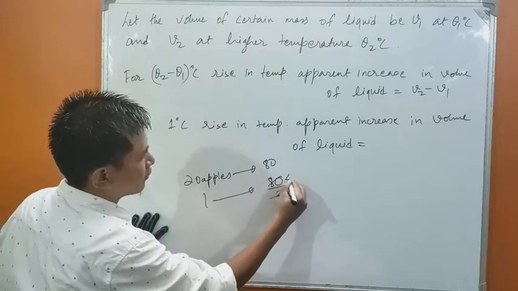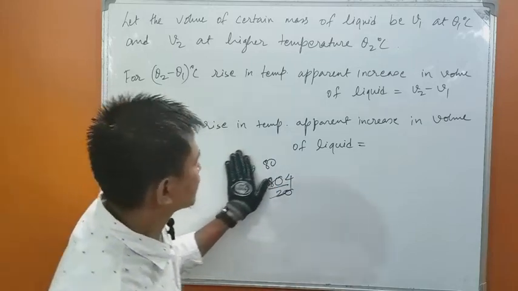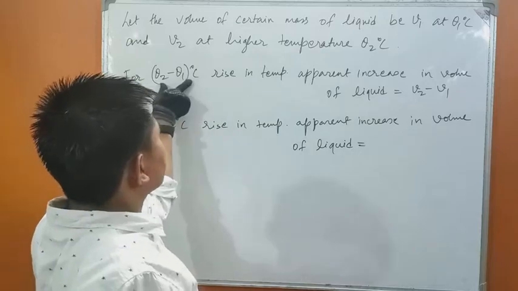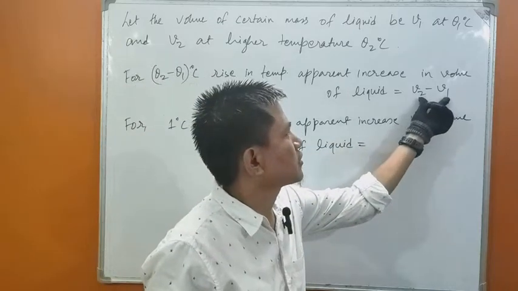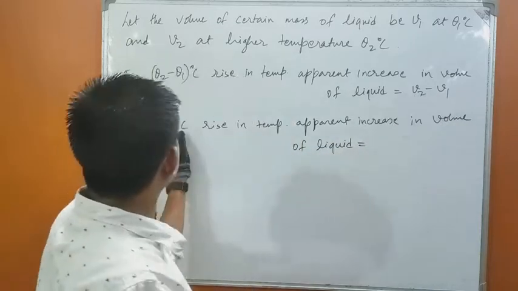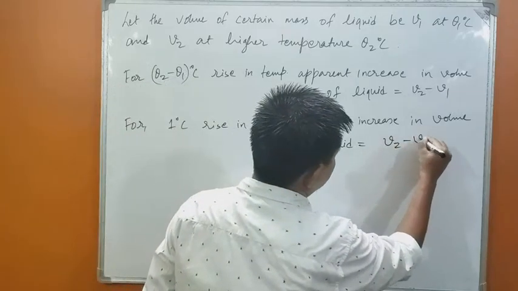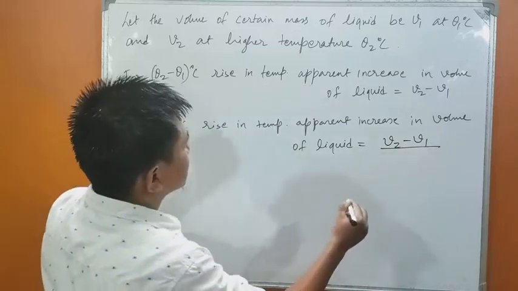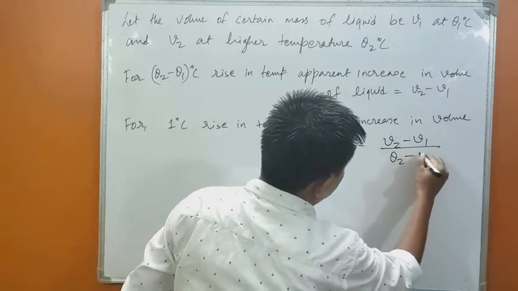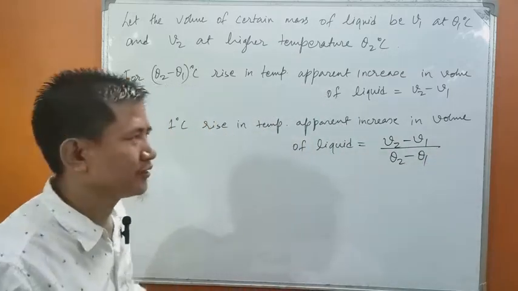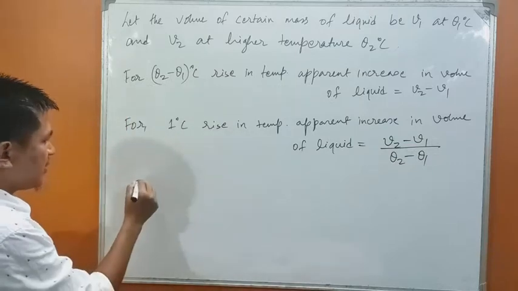So that is 4. Got my point? Similarly, for this temperature rise, this was the increase in volume. So for 1 degree rise in temperature, V2 minus V1 divided by theta 2 minus theta 1. Got a point? Just the unitary method.